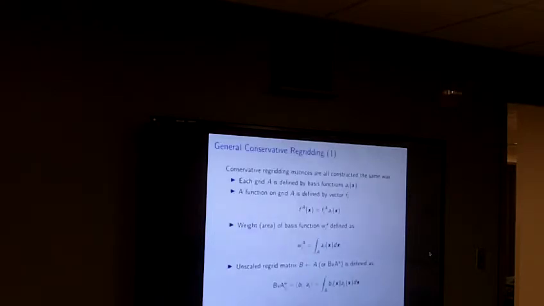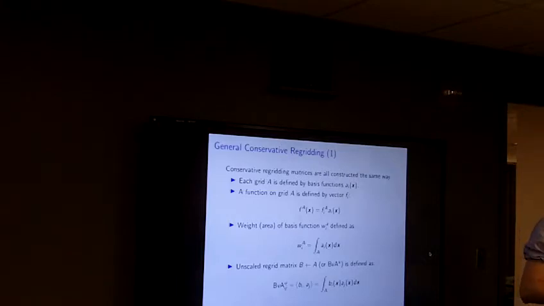Okay. So then the next thing, I call it general conservative regridding. And there's a lot of regridding that goes on in this project. And at the end of the day, I concluded there's really only one way to do conservative regridding.